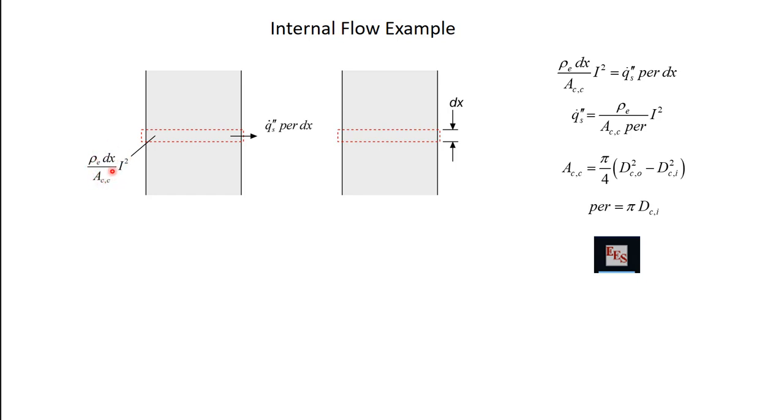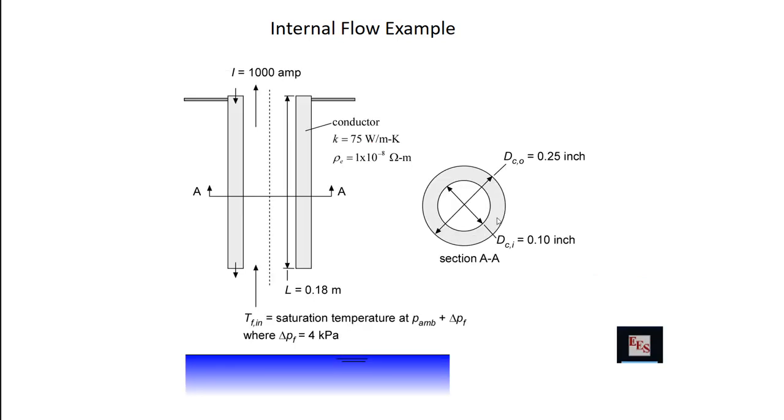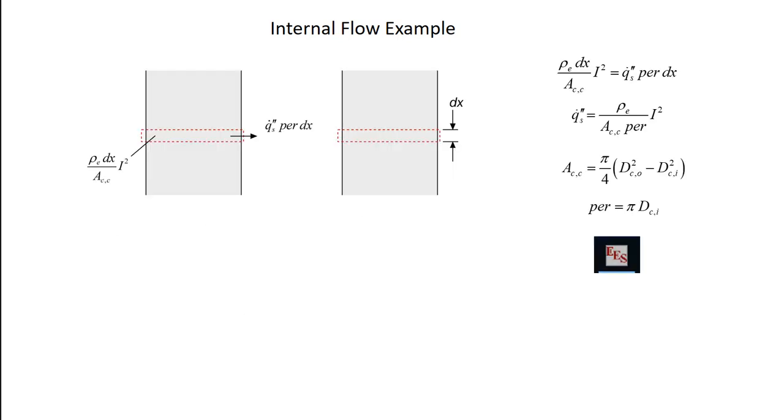This A_cc is pi over 4 times the outer minus the inner diameters, each squared. This is the area of this material, the area that the current has to flow in. All right, so that's an in. And then an out is, well, the only way energy is getting out, if I assume this outer surface is adiabatic, is to the flowing vapor in the center.